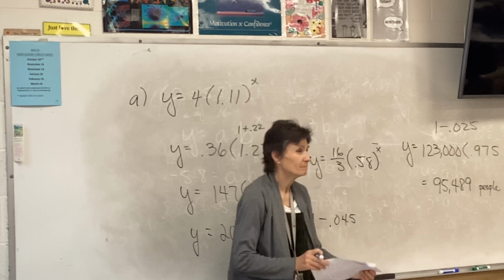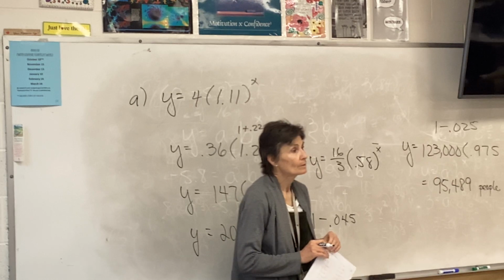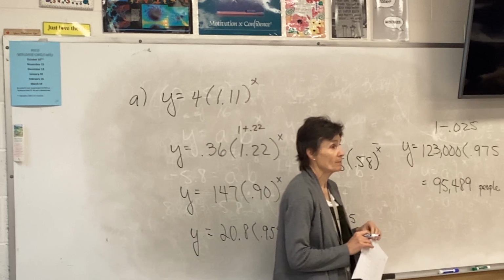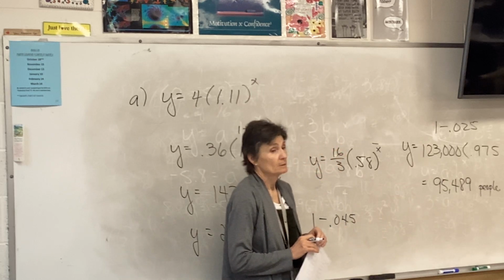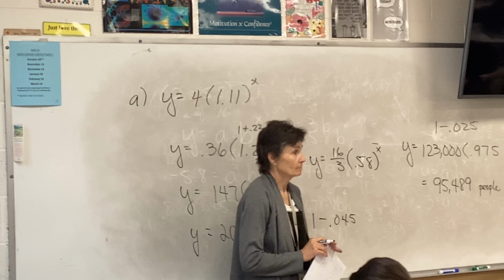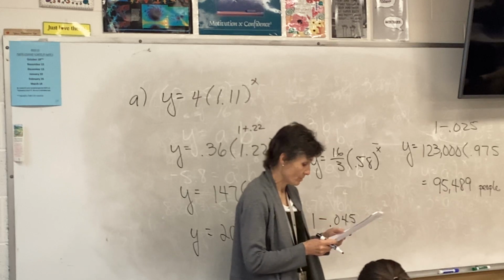Isn't that easy? Person problem you always round down? You round to the nearest person, so I actually rounded up on this one. All right, everybody type that in and get it? You have to know how to type these in, okay.